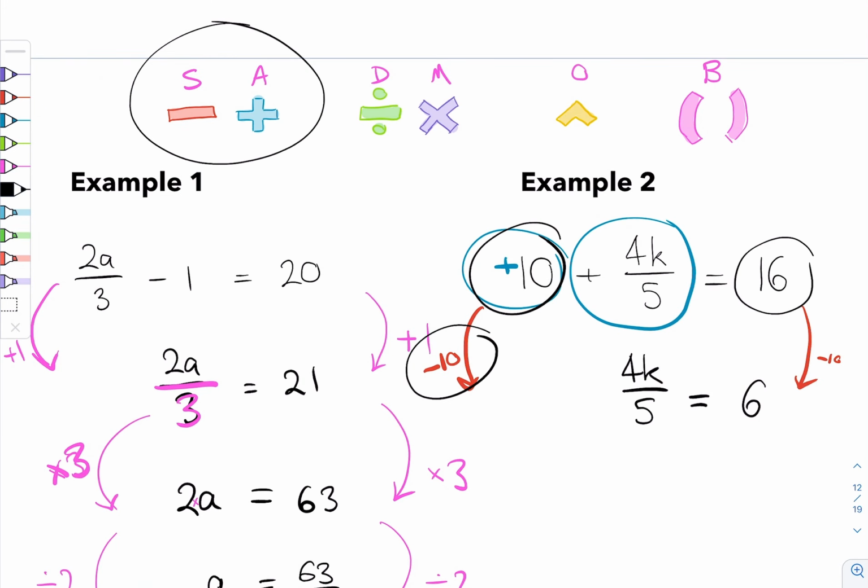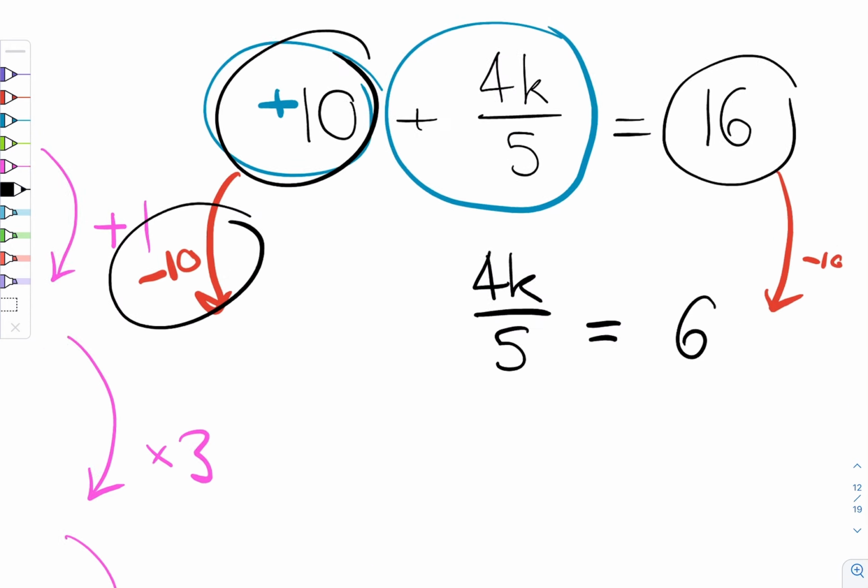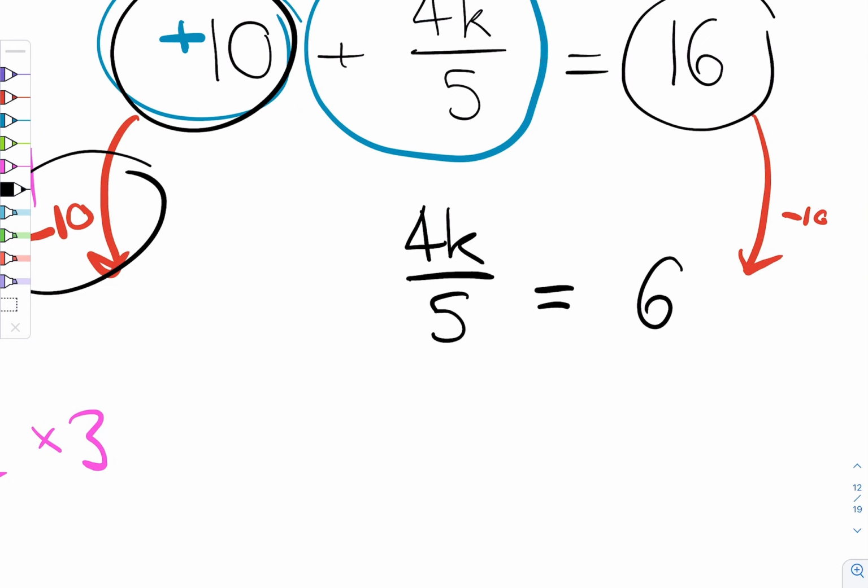So again, I run the process again. Some people call it SADMOB, I think. I'm just going to call it reverse BOMDAS. So any addition or subtraction? No. Do I have any division or multiplication? Yes, I have division and multiplication. I'm actually going to knock out the 5 here because I want to eliminate fractions as soon as I can. I just hate them. They make algebra and equations a lot uglier when you're trying to work them.